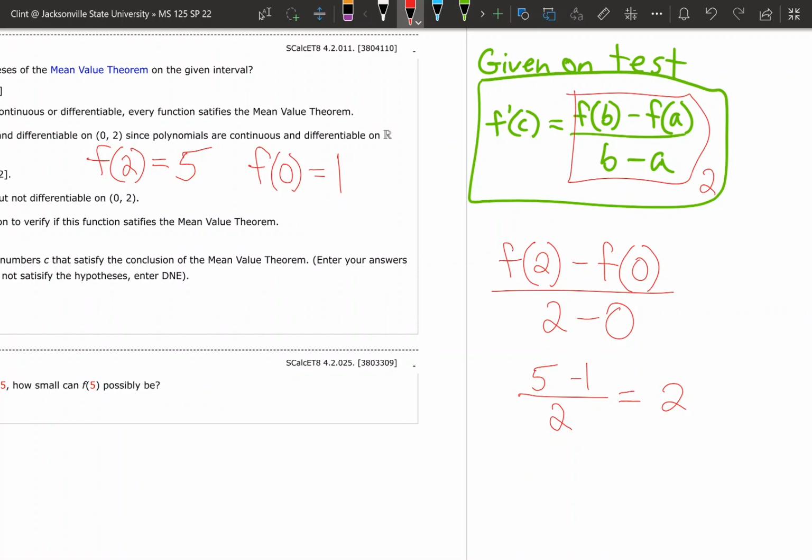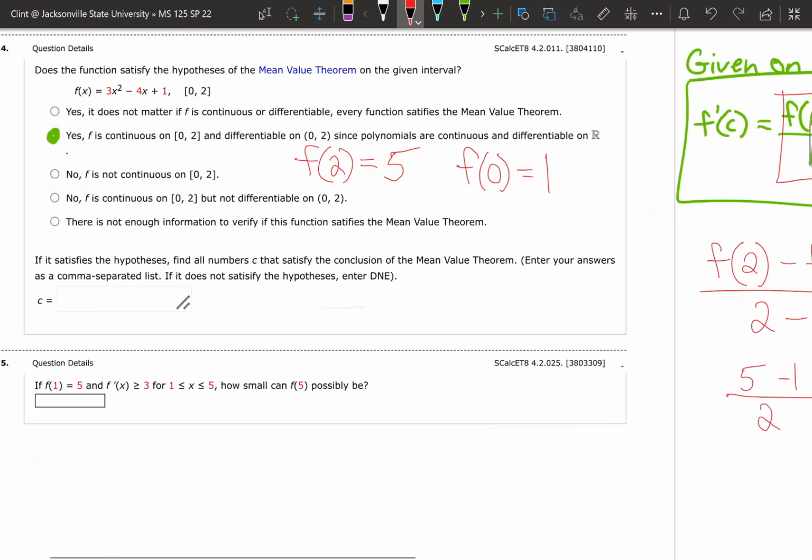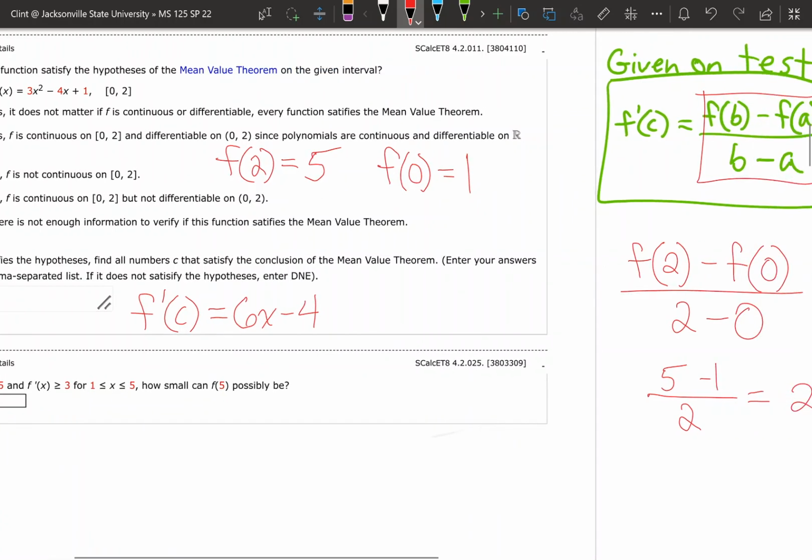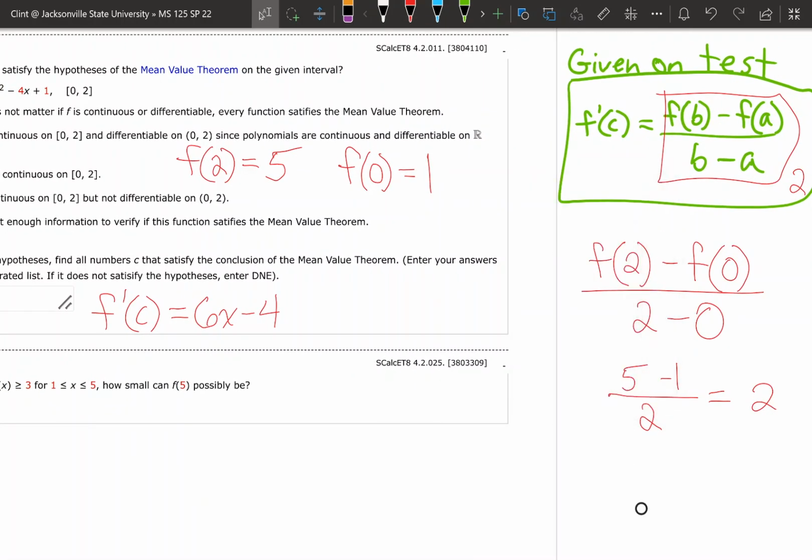Now we need to figure out what f prime of c would be. I'd just like an expression for f prime of c. So again, we're just finding the derivative. So that's 6x minus 4. Okay. So this thing's telling us that 6x minus 4, f prime of c, has to equal 2.